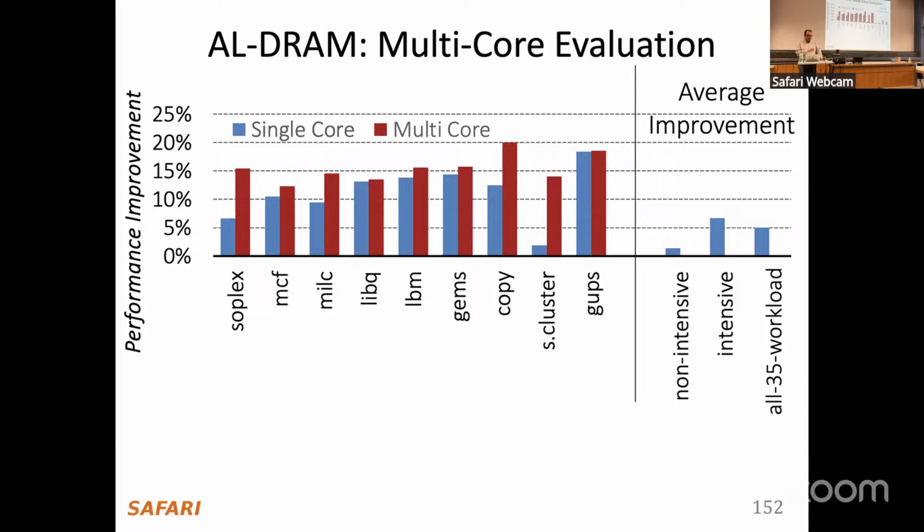Time to time your channels cannot provide enough bandwidth, and many requests are waiting for each other. Once you reduce some latency, you can service these requests faster, which lowers queue depths and reduces the blocking time in a multi-core system. So in multi-core, we observe higher performance improvement using such techniques.